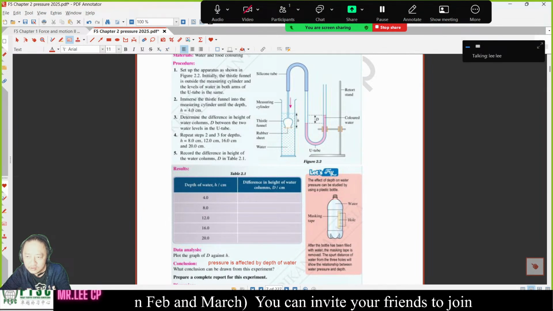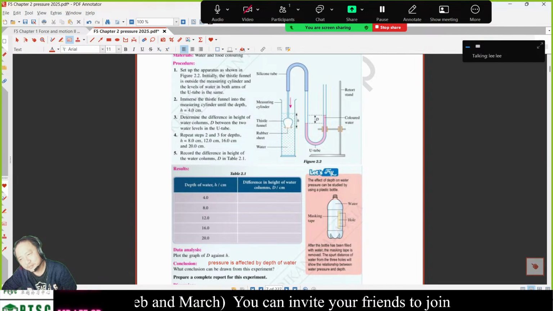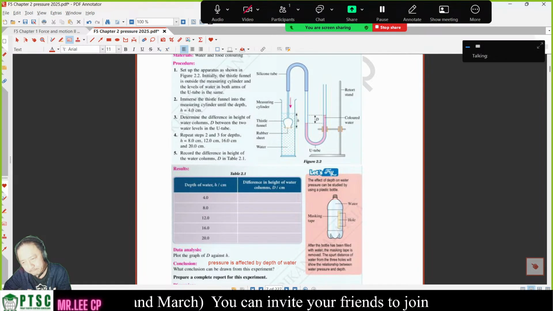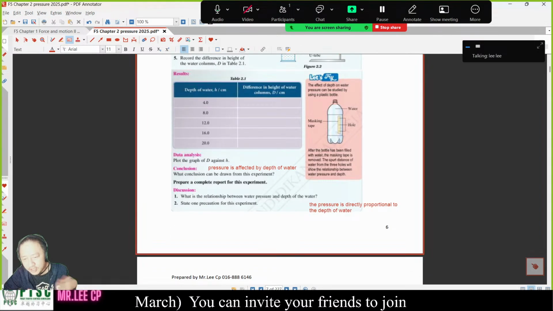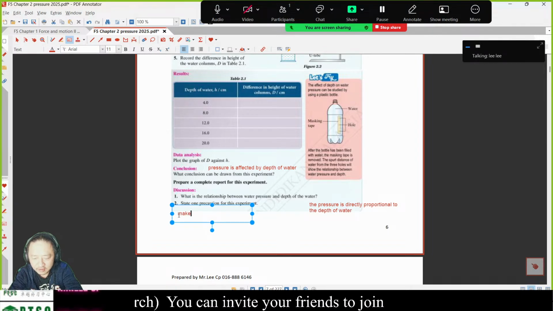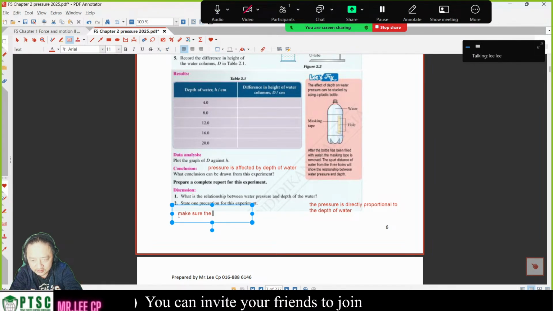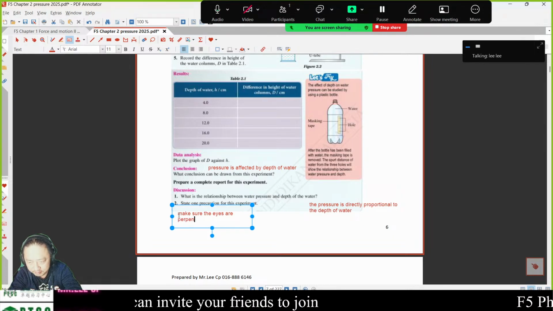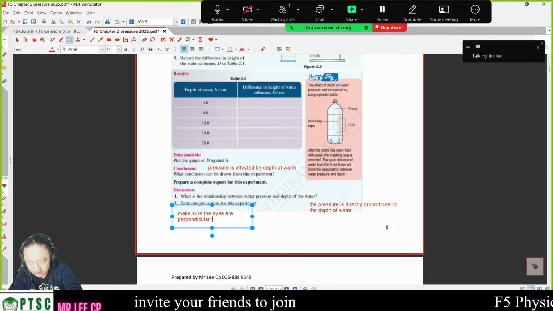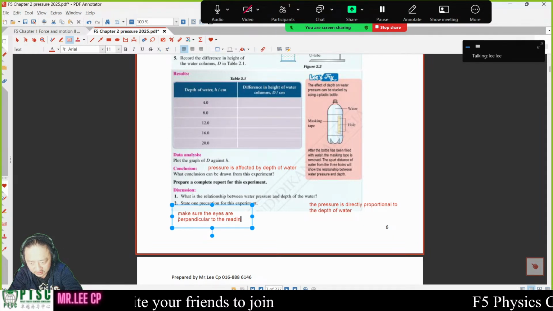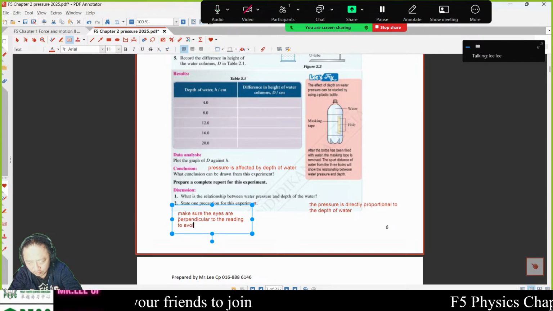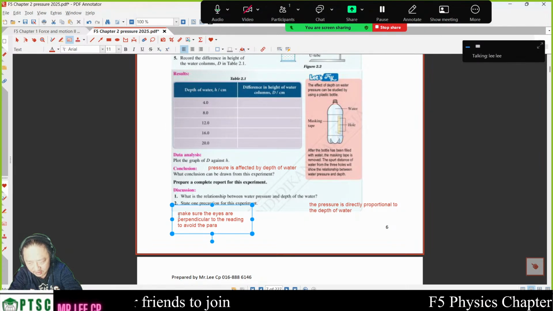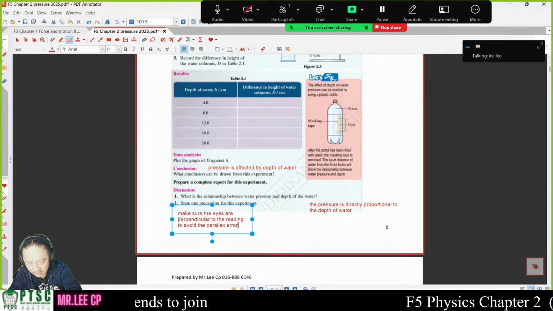What is the precaution step? Okay, if you don't know, you just write: make sure the eyes are perpendicular to the reading to avoid the parallax error.